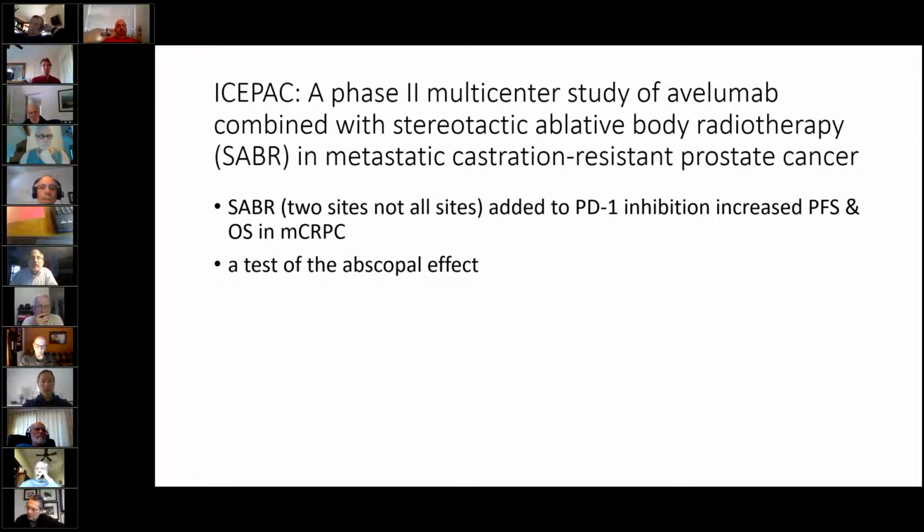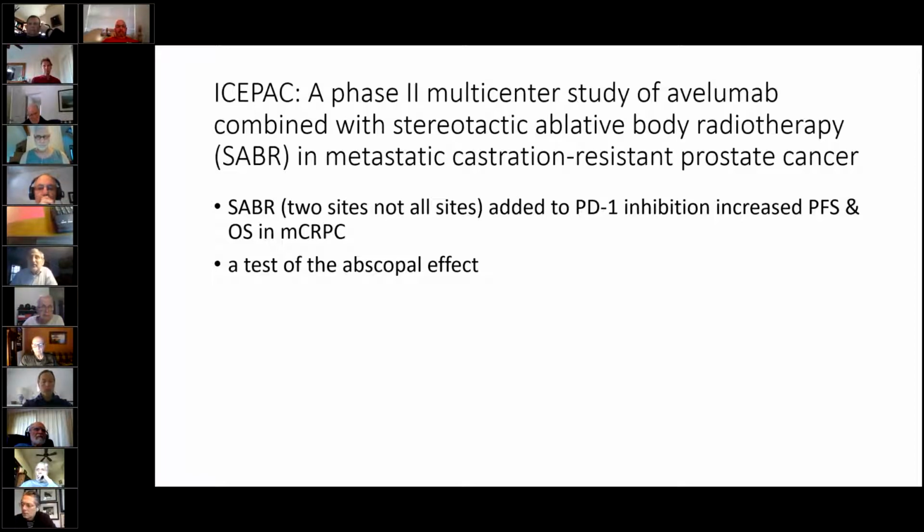Okay, so here is something else. It's a trial, a phase 2. We don't have any definitive results, but this is interesting. They used PD-1 inhibition combined with SABR to metastases.